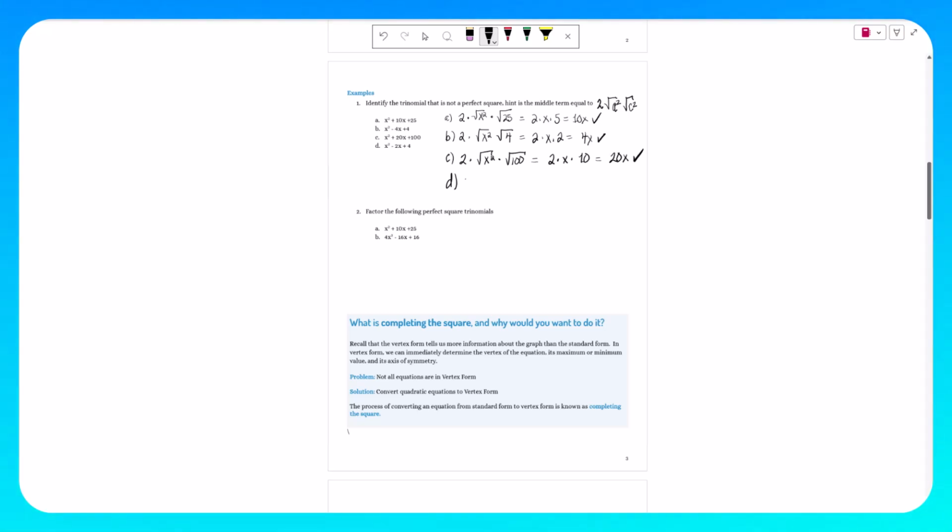We get 2 times the square root of x squared, and because the other three were perfect squares, I'm assuming this one is not, times the square root of 4. And that gives us 2 times x times 2, which gives us 4x, which means this one is the one that's not a perfect square trinomial.